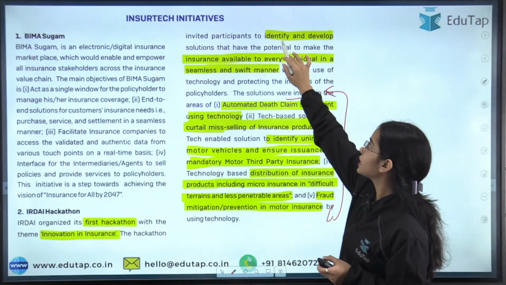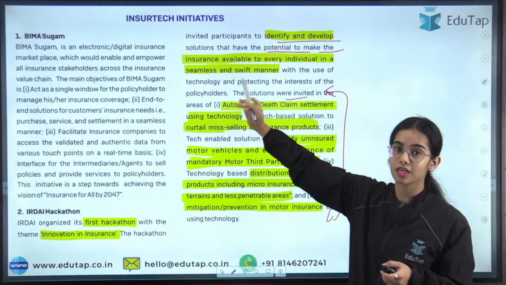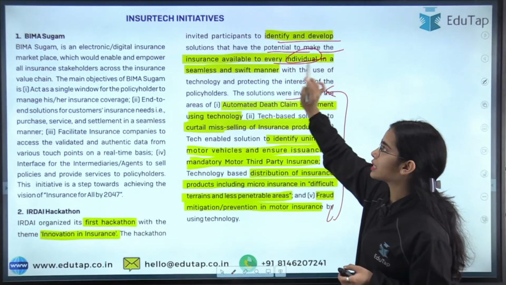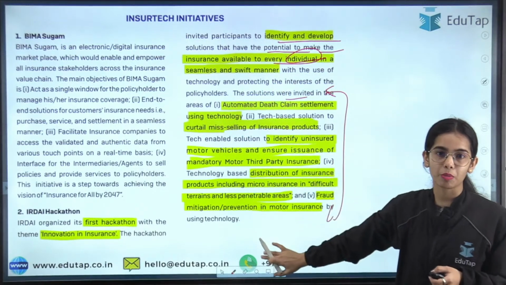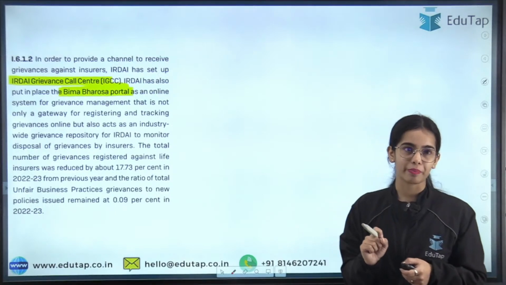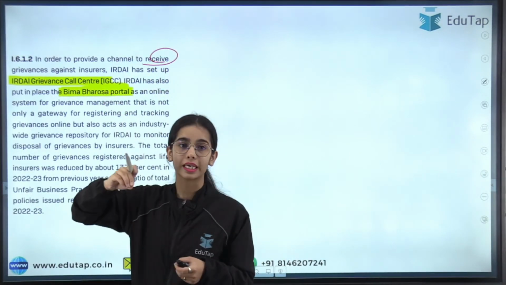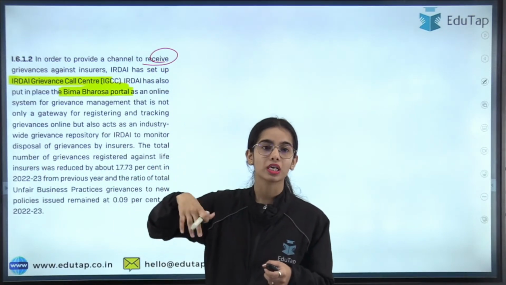Invited participants have to identify and develop solutions that have the potential to make insurance available to every individual in a seamless and swift manner.